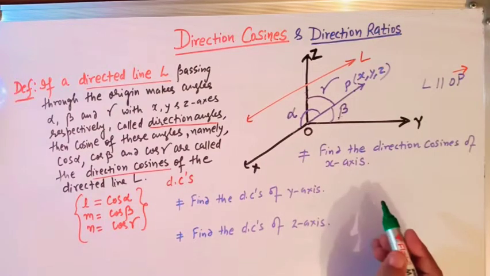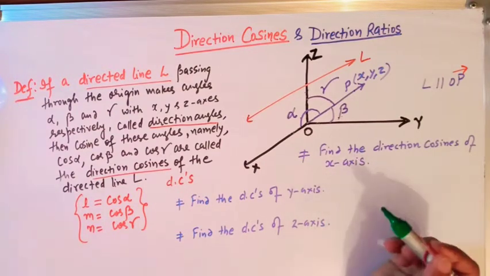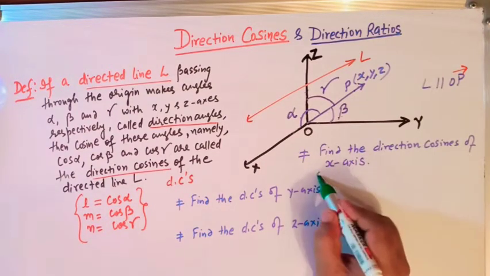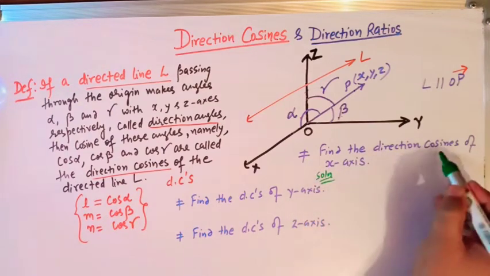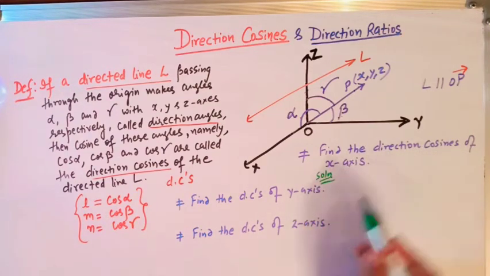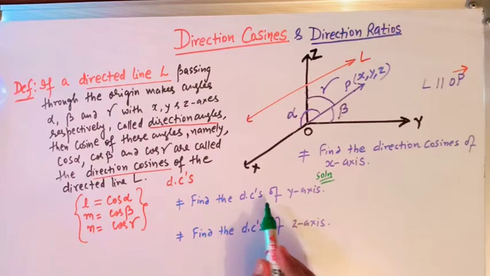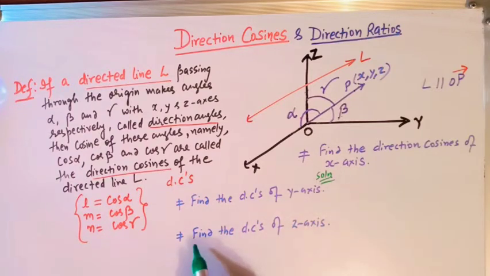Now viewers, let us take these three important problems. Here we have to find the direction cosines of the x-axis, then the direction cosines of the y-axis, and then the direction cosines of the z-axis, right?